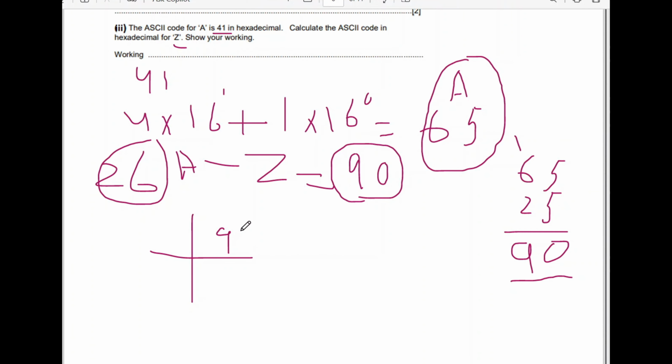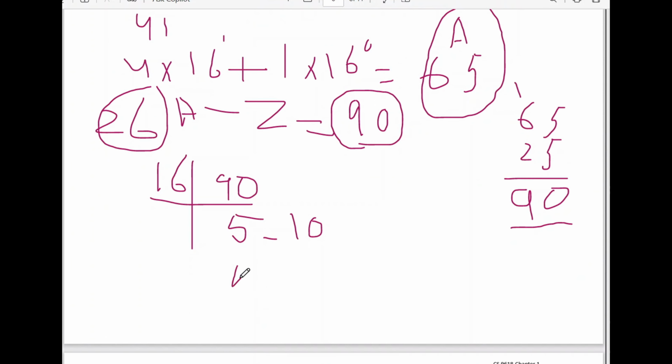Simply by dividing it with 16. So I will divide it with 16. 16 5s are 80, and the remainder I get is 10. So I can represent in hexadecimal 5, and the 10 equivalent is A. So Z in hexadecimal is equivalent to 5A.